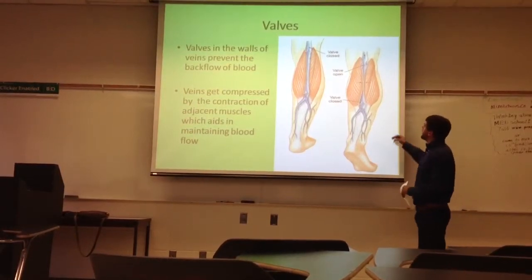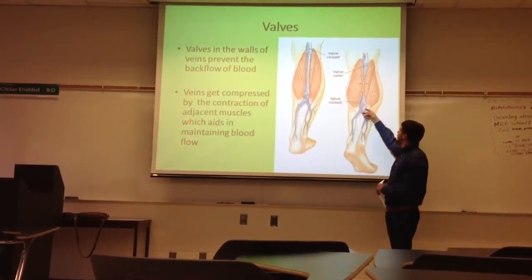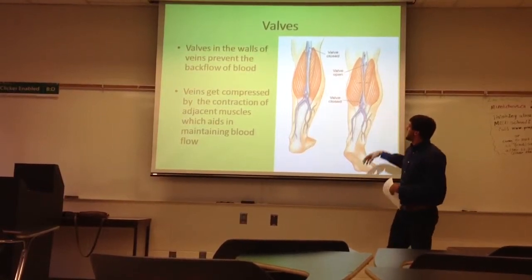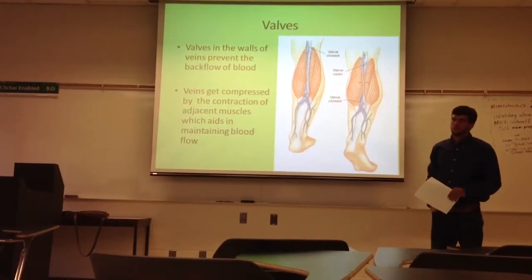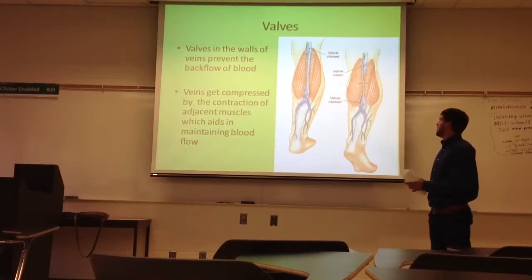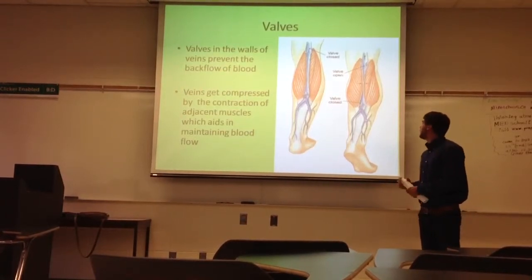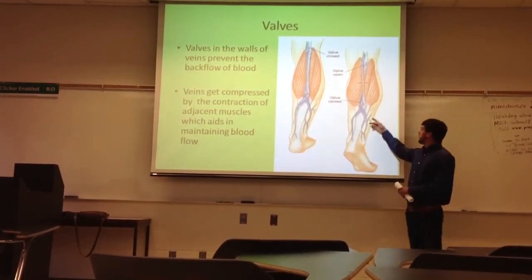So in every vein we have things called valves at their basic level. And valves are pretty much just what they say. They're a way of stopping the backflow of the blood.